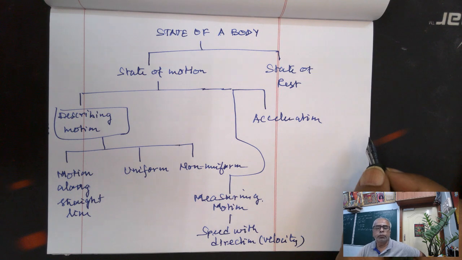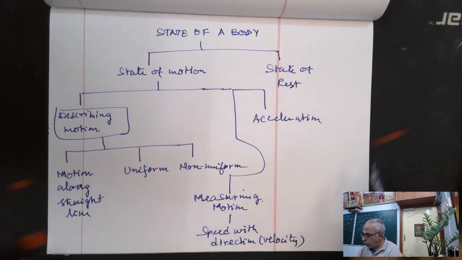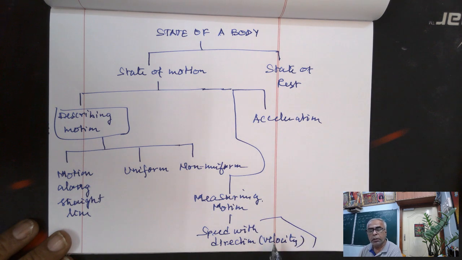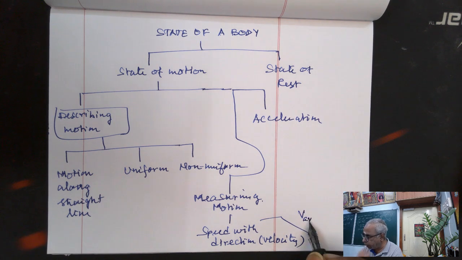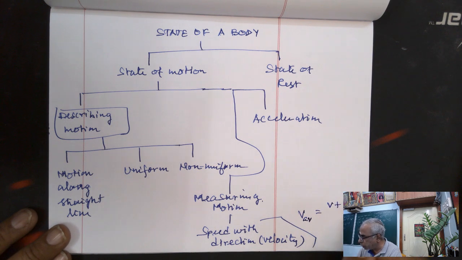Okay? Now, how to represent this speed with the direction, that is velocity? We can call it average velocity also. So the average velocity, we can put V_av, is equal to initial velocity plus final velocity divided by 2.